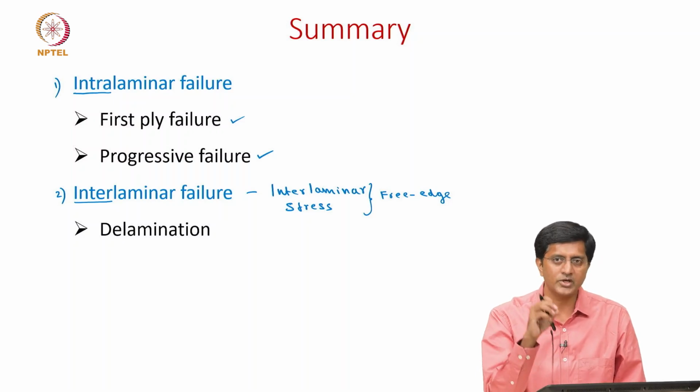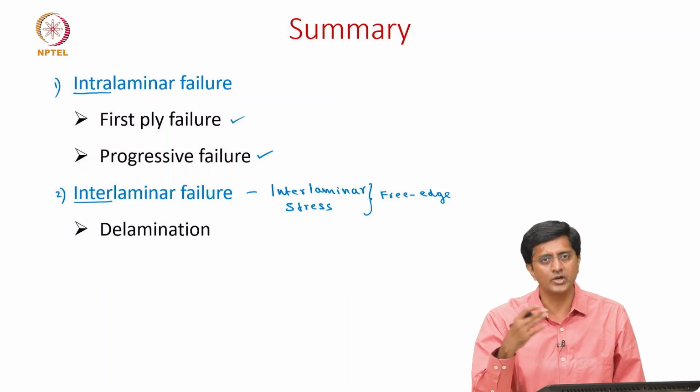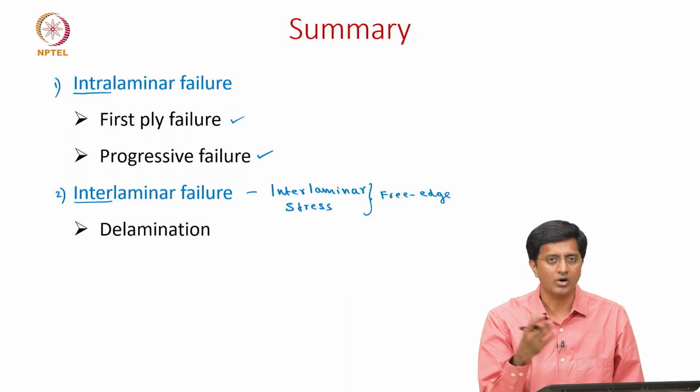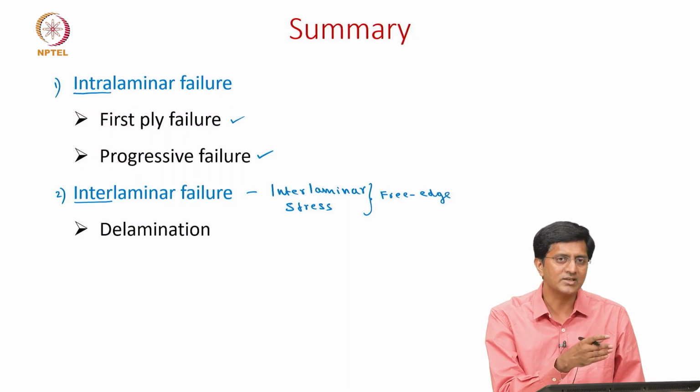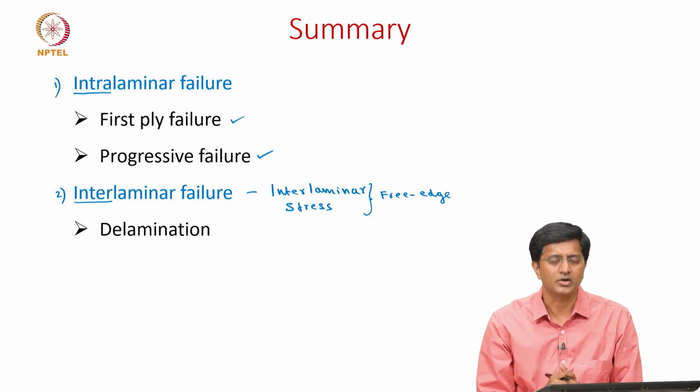So there is a delamination occurring within the laminate which is not visible to the naked eye. But it is dangerous once we have this delamination, because either it could lead to a catastrophic failure, or it can also decrease the stiffness of the laminate, which in turn will affect the performance of this composite structure. With this, we conclude our discussion about the failure of the laminates.